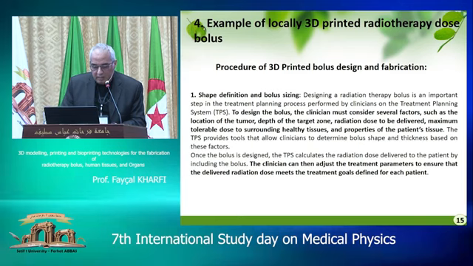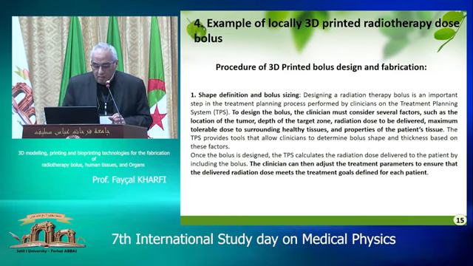The first one is the shape definition and the bolus sizing. This step is done by the clinician. So the clinician, depending on the treatment planning and the objective that he wants to achieve, defines the bolus, and he has the possibility to select the material.